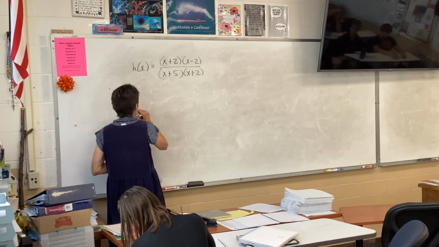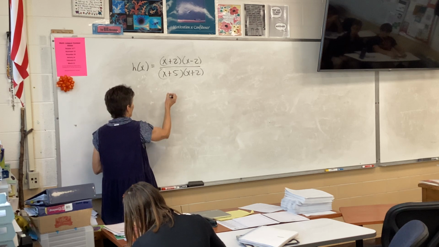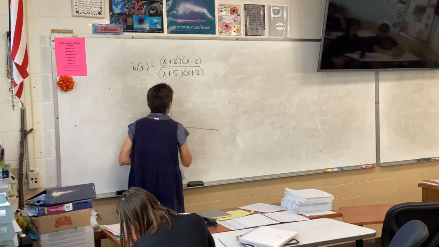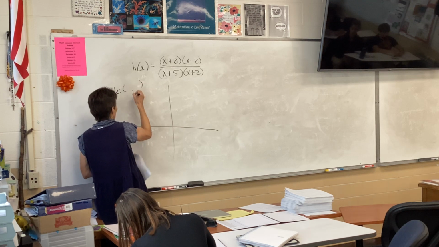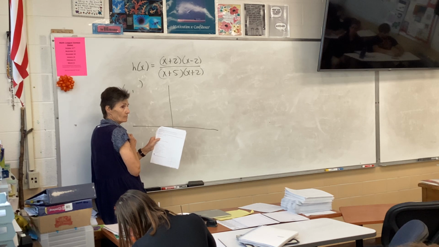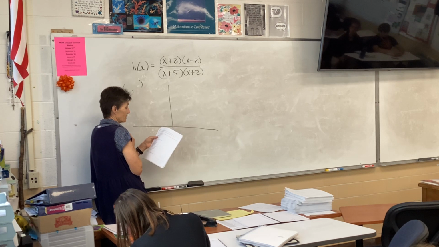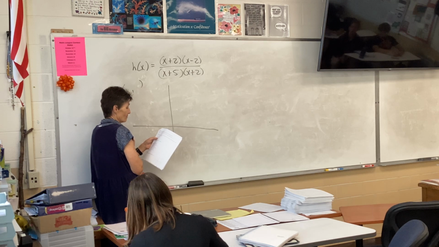Okay, so factored form, there we go. What do we notice about it? We're gonna have a hole. And where is the hole going to be? I'm on my notes 1.11, example 1. Already got it factored.